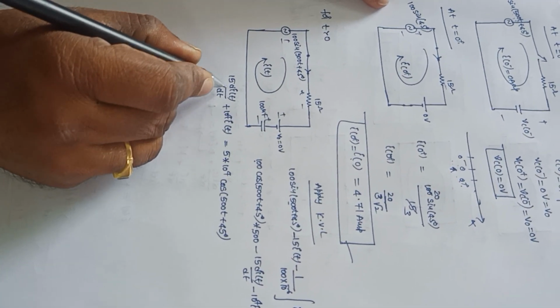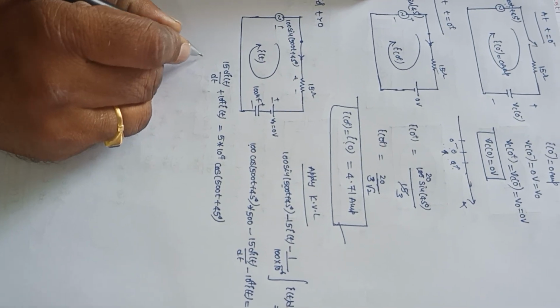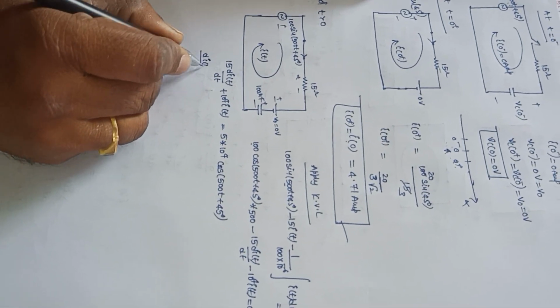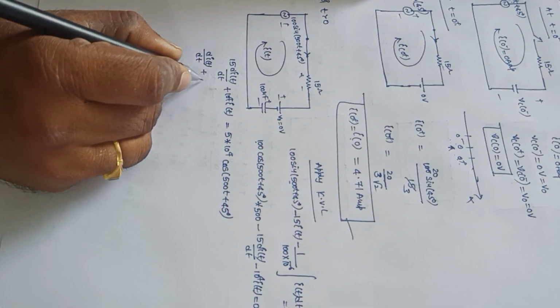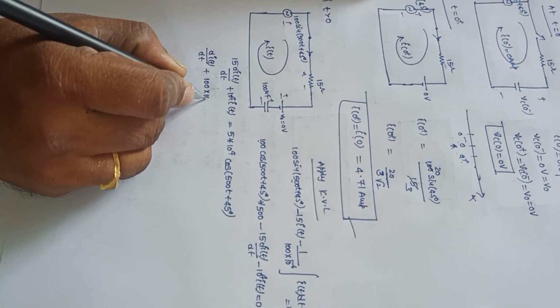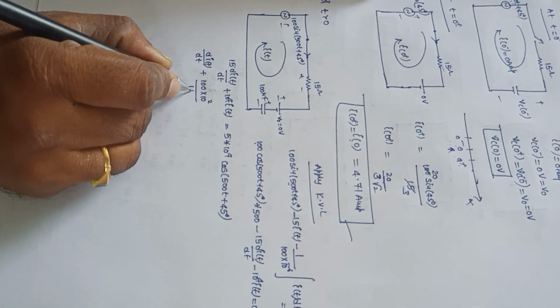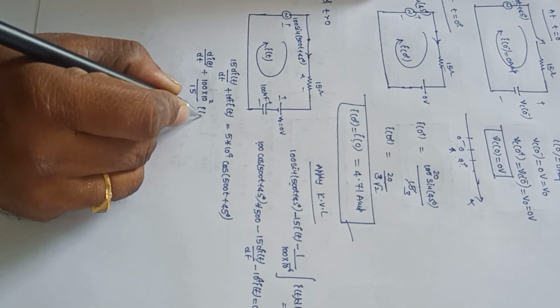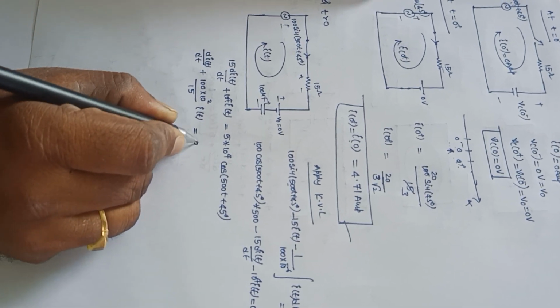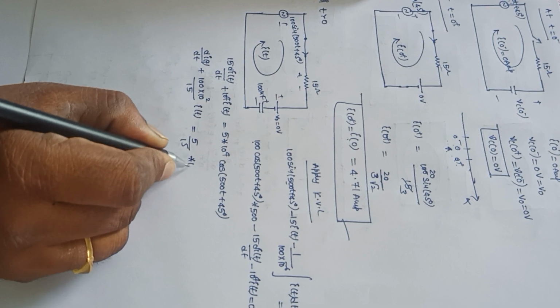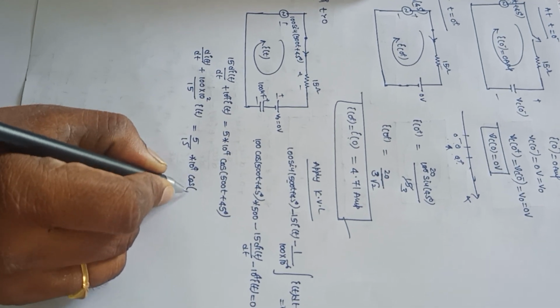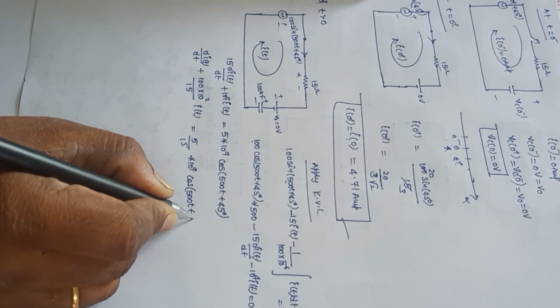This 15, if I take as a common, so it will become di of t by dt plus 100 into 10 square divided by 15 into I of t, equal to 5 divided by 15 into 10 power 4 into cos of 500t plus 45 degrees.